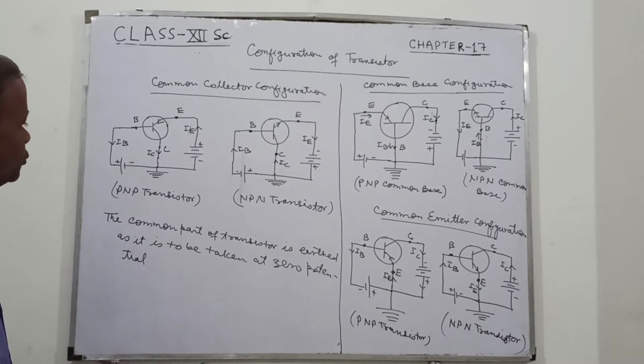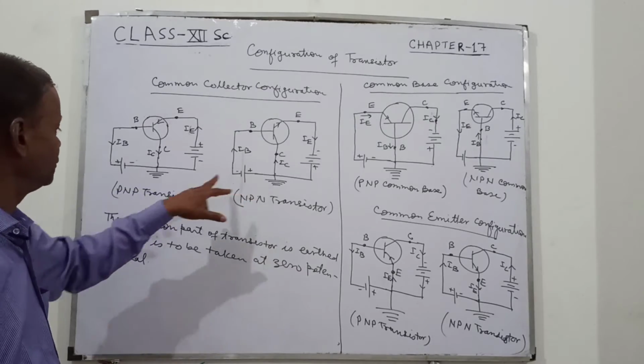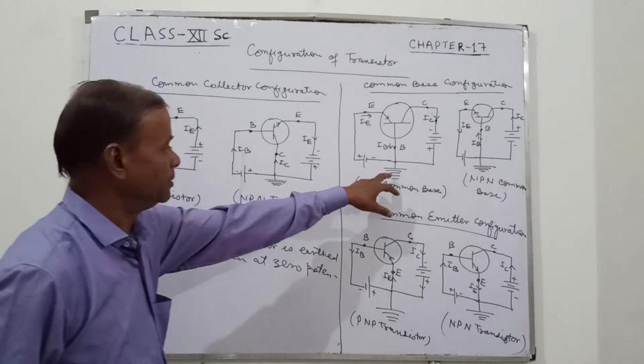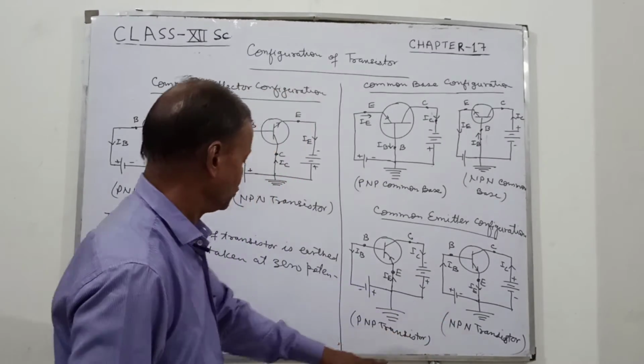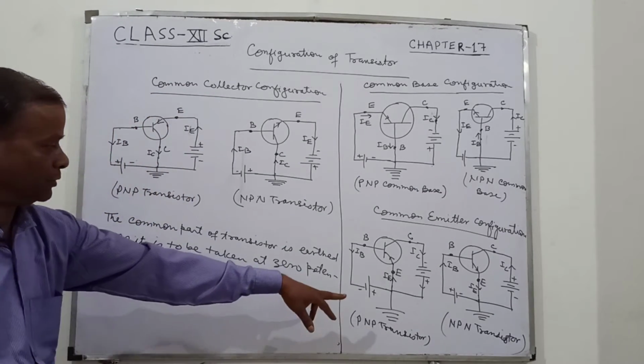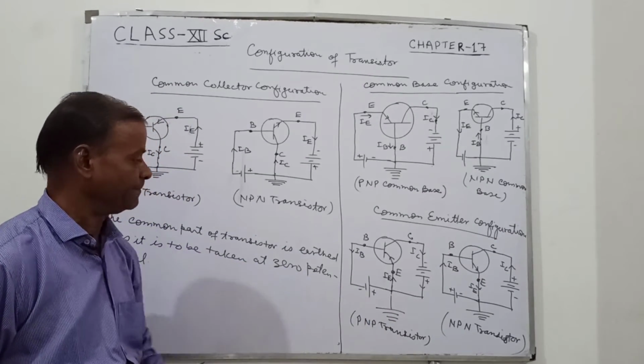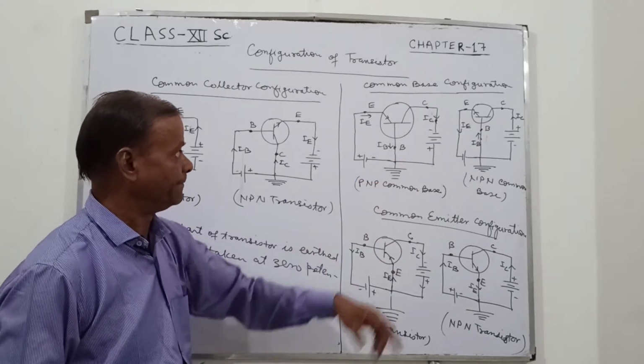So this is Earth. This is not taken at 0. So all the common parts are to have the zero potential across this point, at this point. Similarly at this point B.